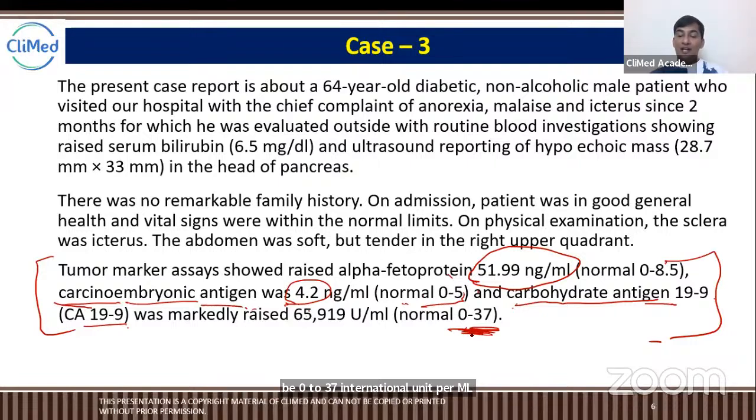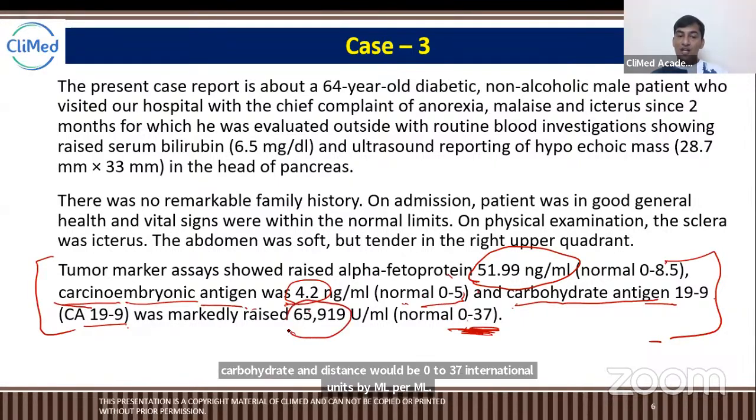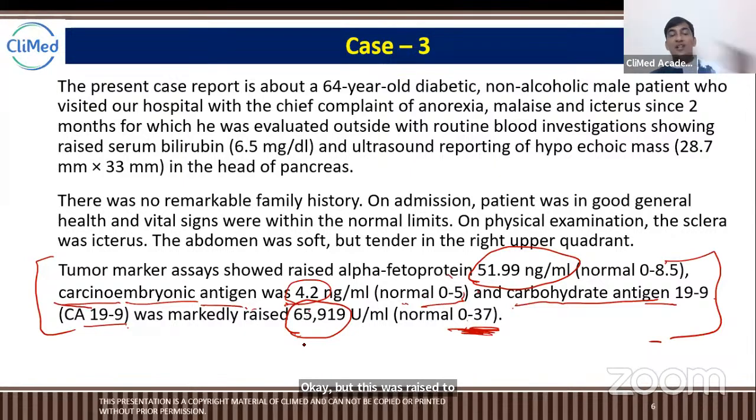But this was raised to 65,919 units per ml. Can you imagine how much increased this is? Too much. And these all are showing that the patient could have cancer.